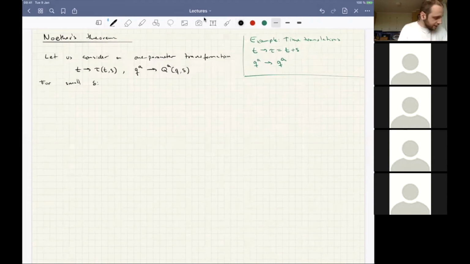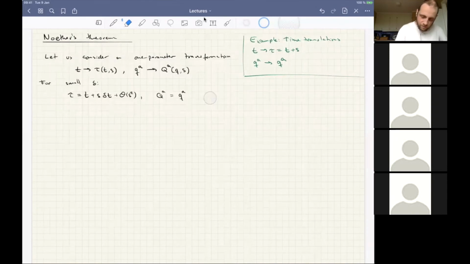So I'm going to write that tau is equal to t plus s times some function delta t plus higher order terms in s. And q^a is going to be Q^a plus epsilon times delta q^a. Sorry, not epsilon, I used s here. Delta q^a plus higher order terms in s.